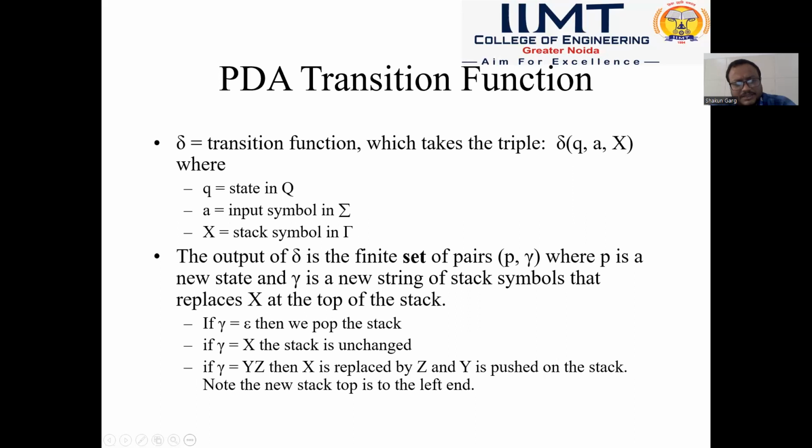So there are 3 conditions. If gamma equals null, then we pop the stack. If gamma equals X, the stack is unchanged. We are neither pushing any symbol onto the stack nor popping out. If gamma equals YZ, it means X is replaced by Z and Y is pushed onto the stack. Note the new stack top is at the left-hand side.